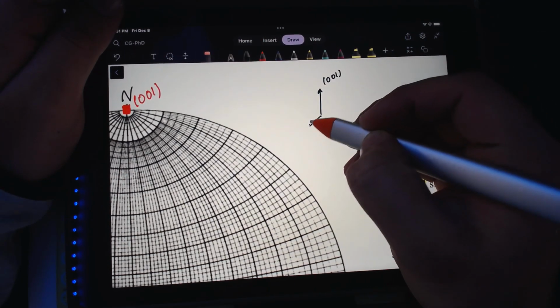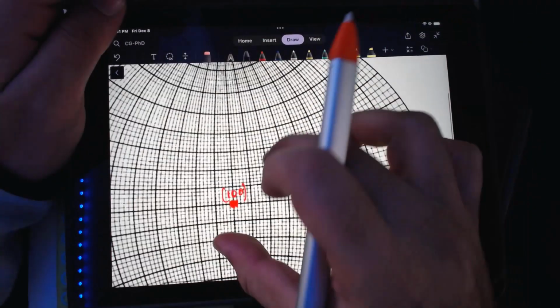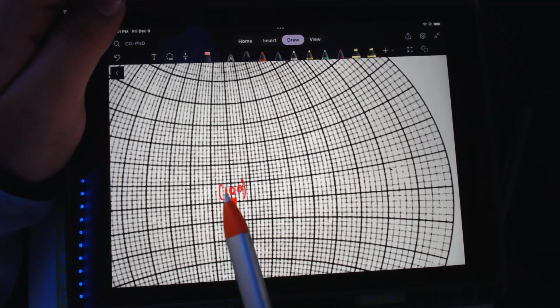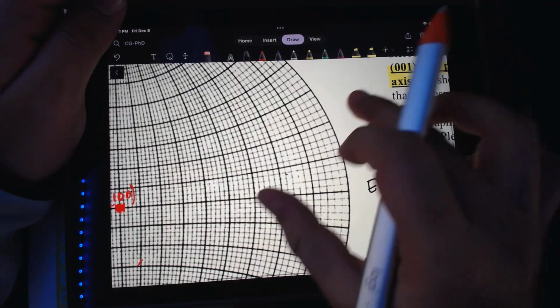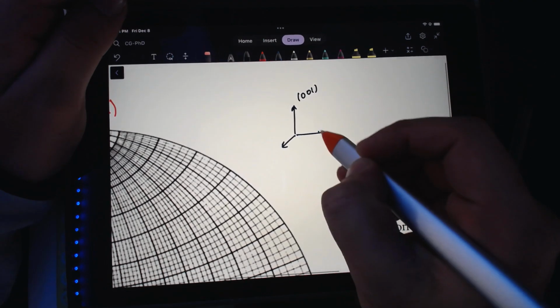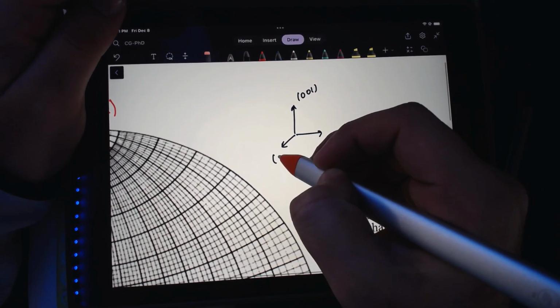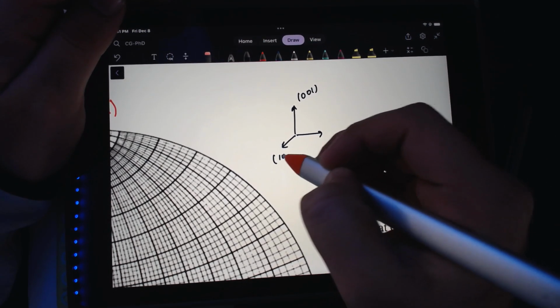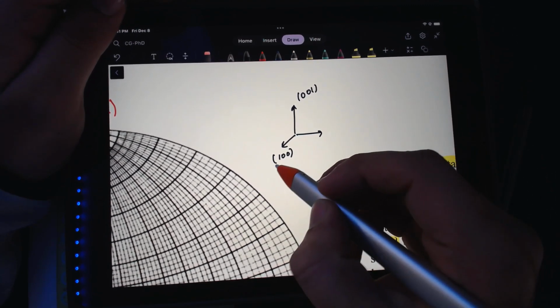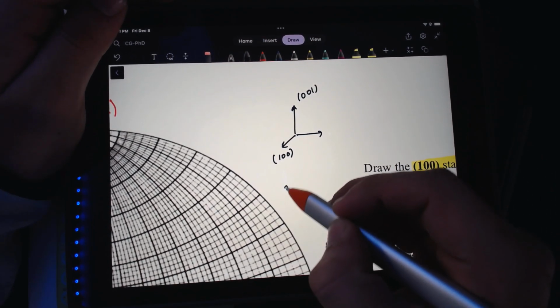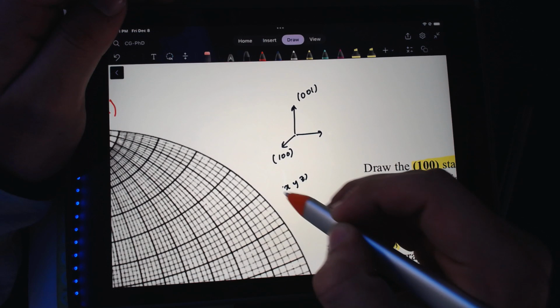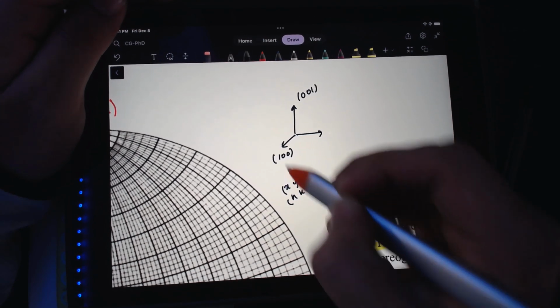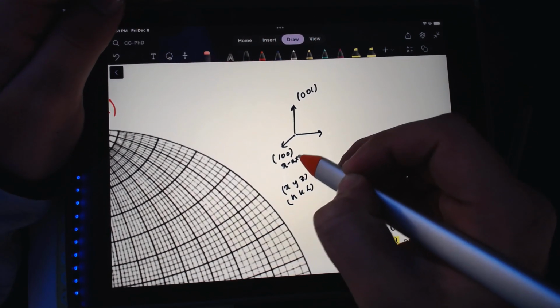Then you have an axis with the center. The one in the center is the axis that always points out of the plane. That means if I draw this orthogonal projection, the axis pointing out of the plane would just be 100. So you can see 100, if you compare it with x, y, z or h, k, l, basically is the x-axis.